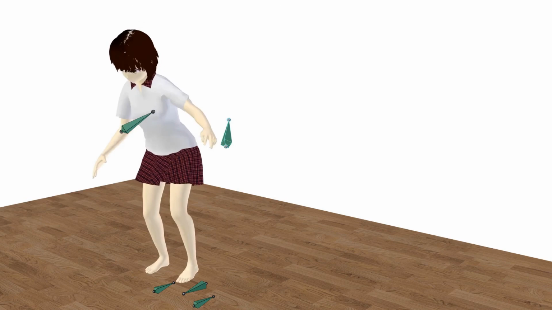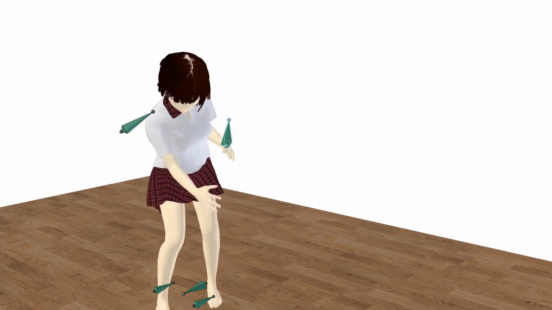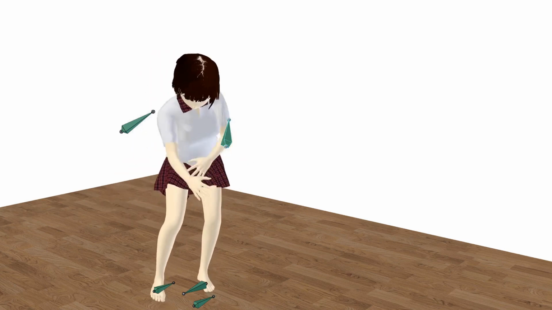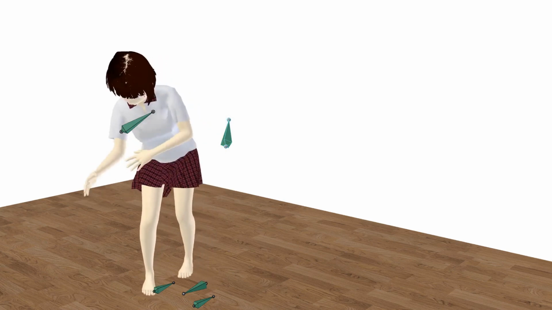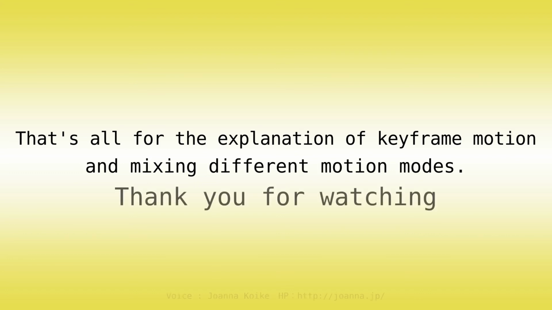You can see that the left hand gradually makes a peace sign, and afterwards becomes the captured movement. That's all for the explanation of keyframe motion and mixing different motion modes. Thank you for watching.